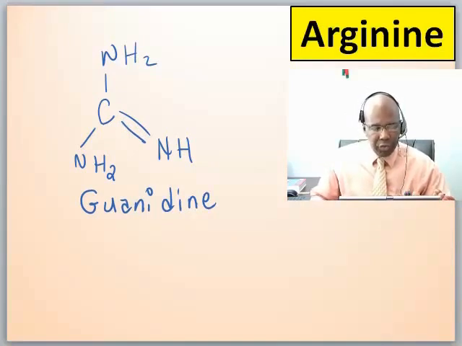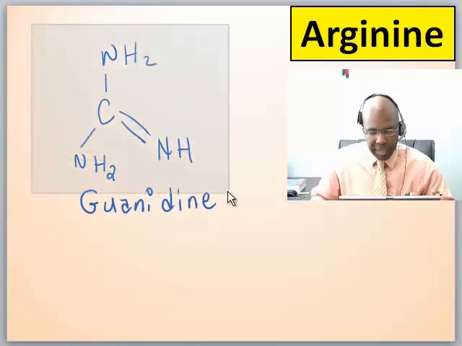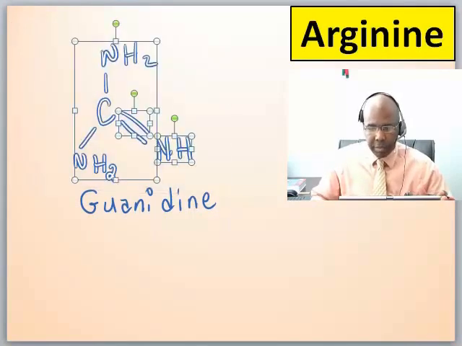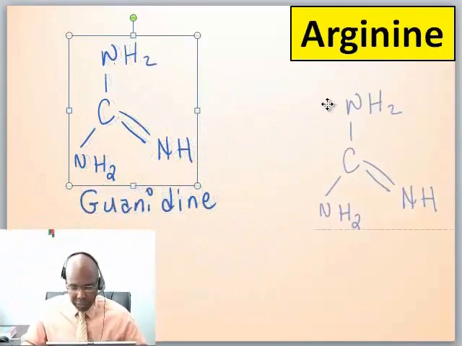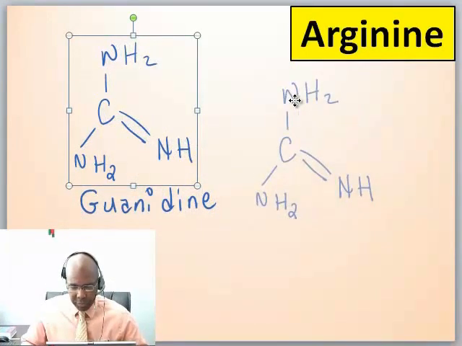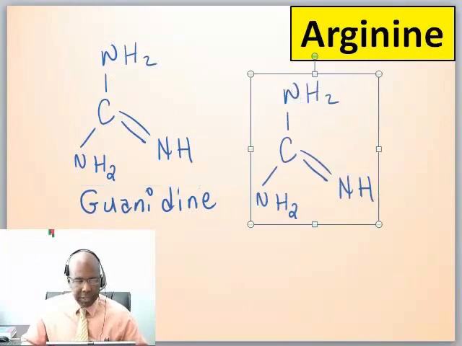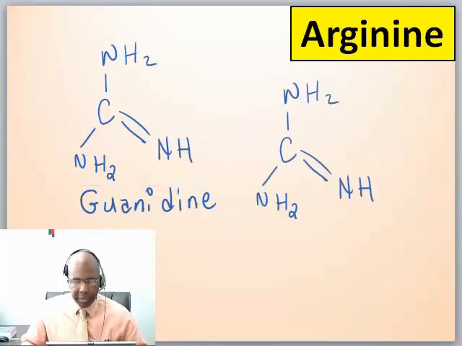There's another structure you'll need to know, a relative of guanidine. Let's see if we can put all of this together. Oh, great. And so let's group this here to make one structure. Now I'm going to make a copy of my guanidine here and put it over here. So let's do something to guanidine.